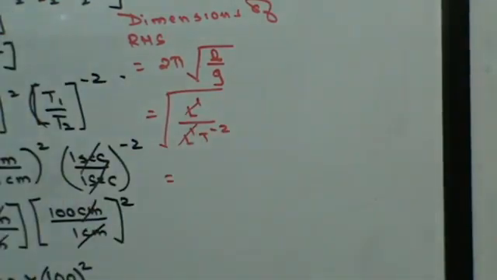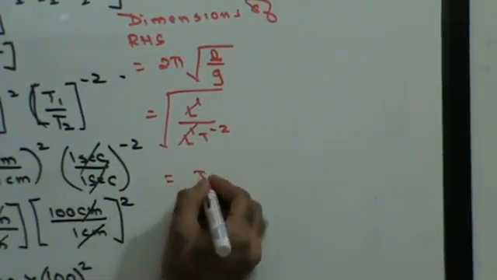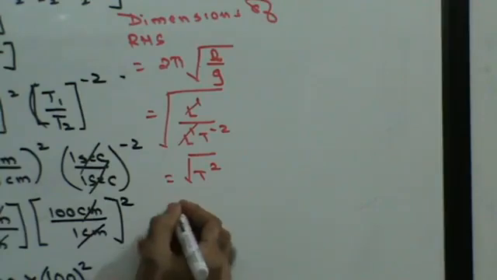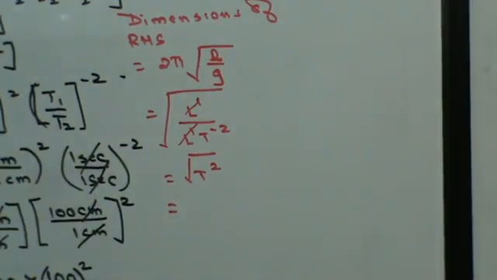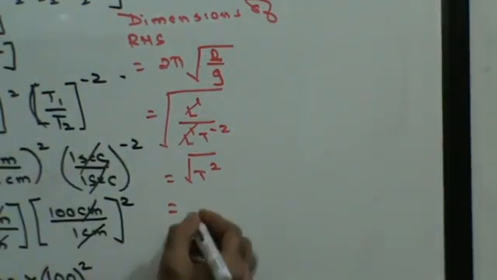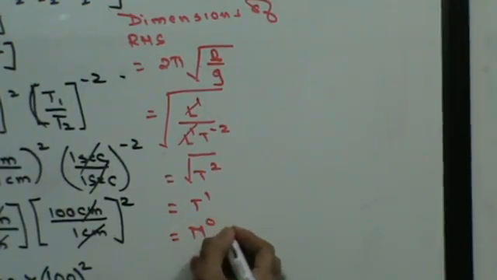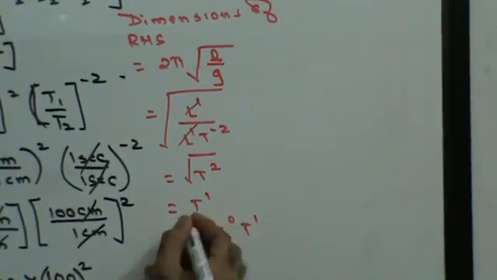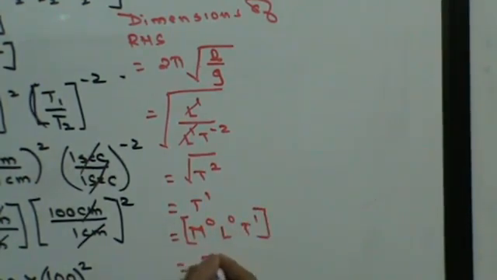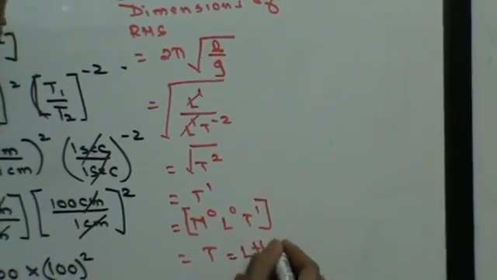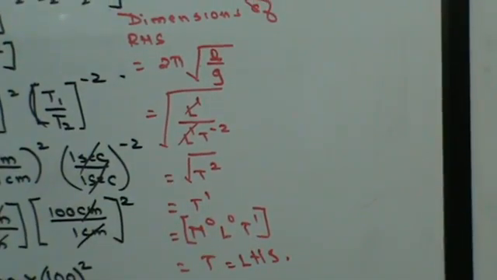From denominator to numerator, the sign of the index will change. So T raised to minus 2 will become T raised to 2, square root. Square root of T raised to 2 is nothing but T raised to 1. And T raised to 1 can be written as M0, L0, T1, which is nothing but the dimensions of time, which is nothing but my LHS. Thus, the equation is proved.